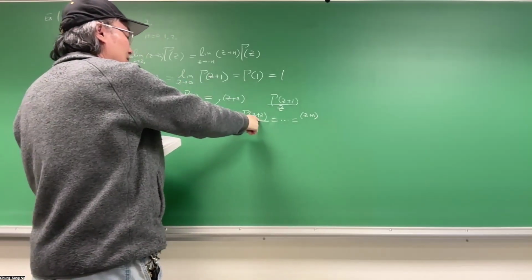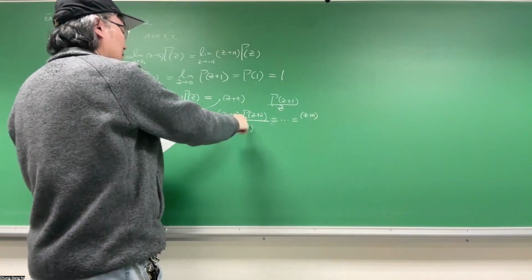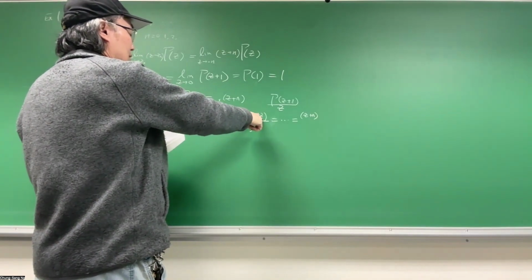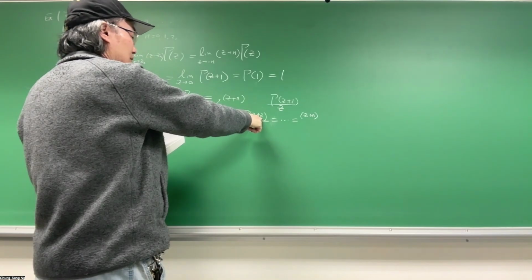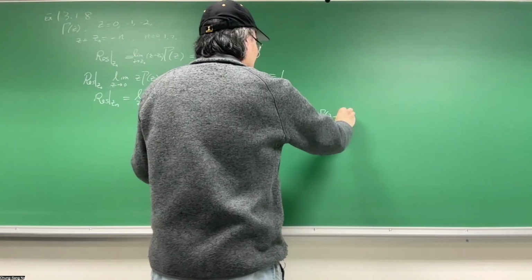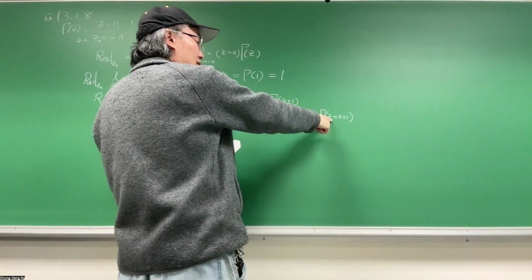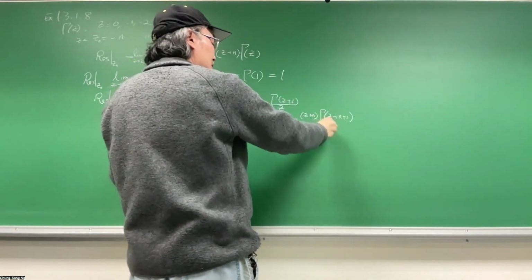So finally, when we take the limit z to minus n, we need gamma z plus n plus 1, because later on when z is minus n, that becomes gamma 1.